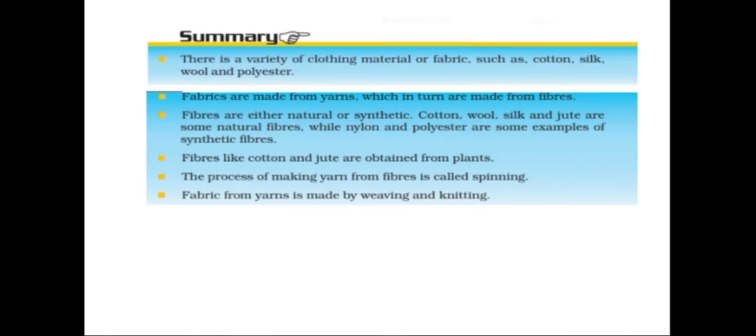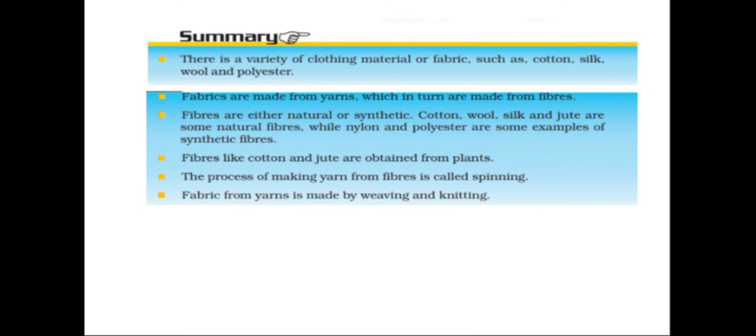So at last, the summary of the lesson. There is a variety of clothing materials or fabrics such as cotton, silk, wool and polyester. The next one is fabrics are made from yarn, which in turn is made from fibers. And the third is fibers are either natural or synthetic.